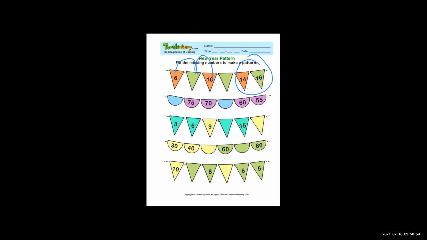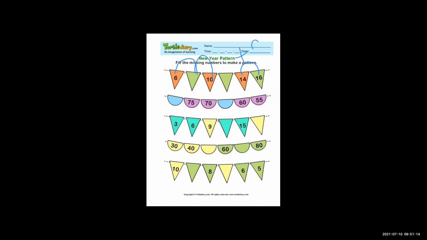14 plus how much to get the answer 16? 14 mein kitna add karenge toh answer 16 aata hai? Yes, Mohit? Yes, 14 plus 2.